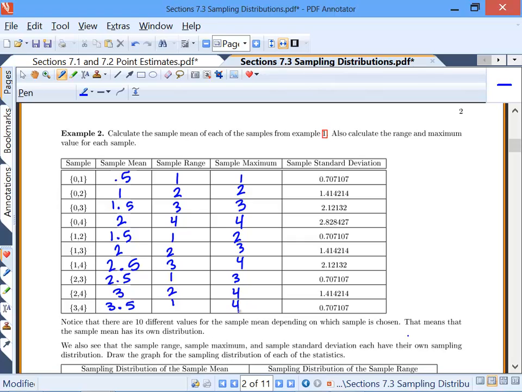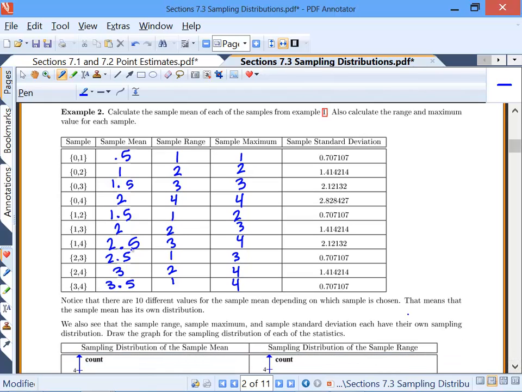And finally, this sample standard deviation, which I already calculated for you. Again, notice as you look at these that based on which sample I get, I have very different sample statistics. And the fact that the sample mean has 10 different possible values means that it has its own distribution.